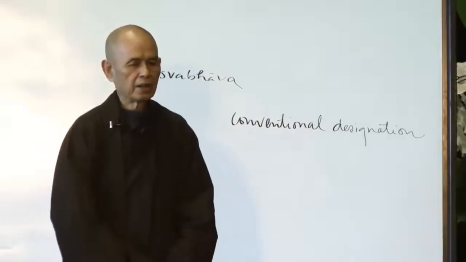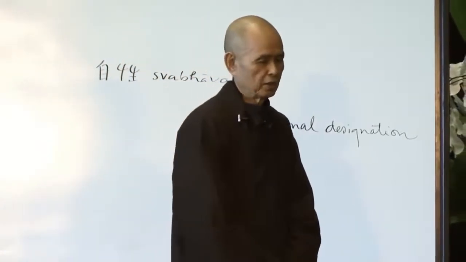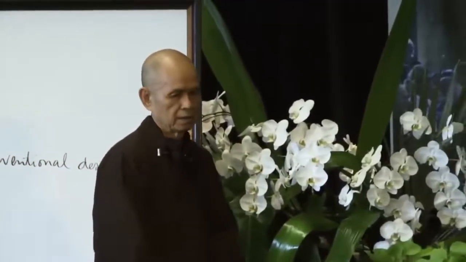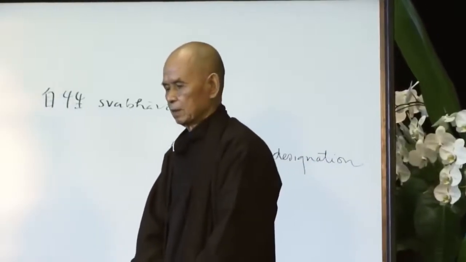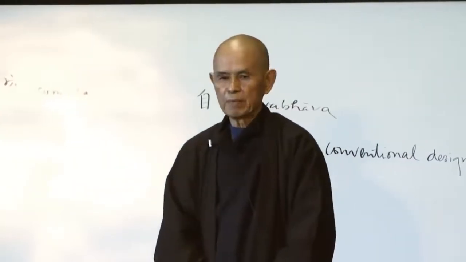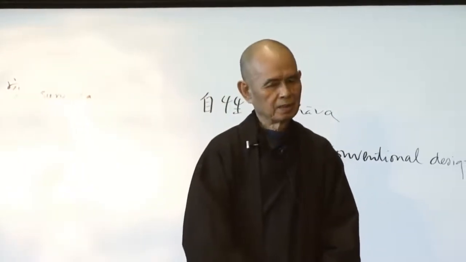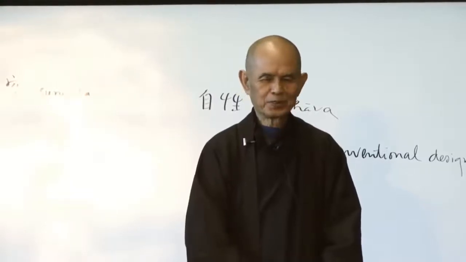Everything depends on everything else in order to express itself, and that is the teaching of interdependence, connection. You cannot be by yourself. It's impossible to be. It is possible to interbe, but it's not possible to be.